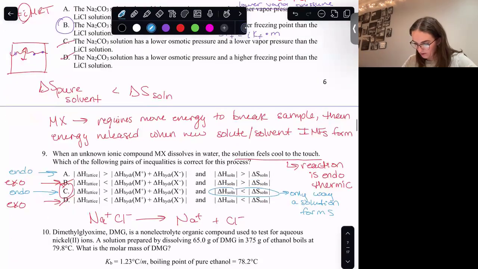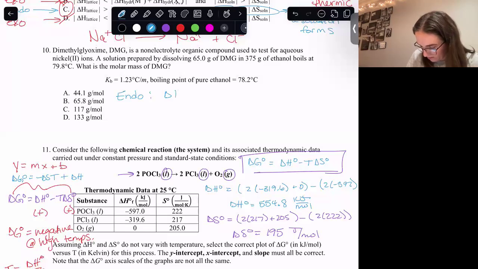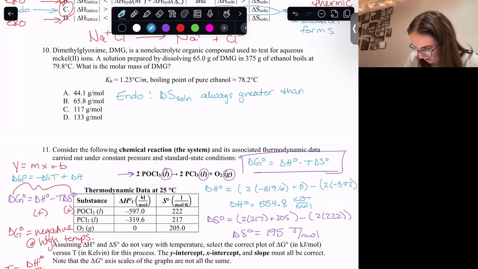So for endo, delta S of solution is always greater than delta H of solution.